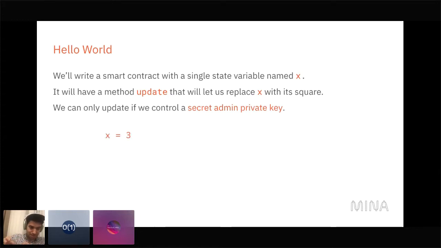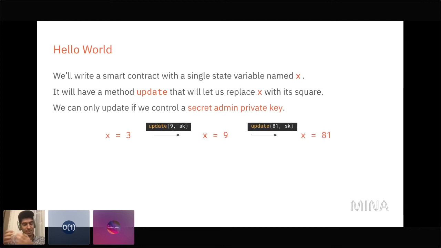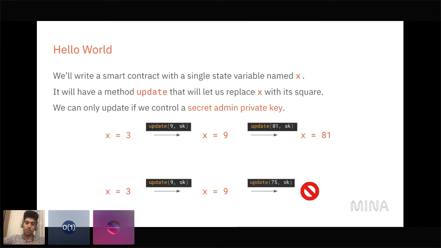So cool, let's walk through this. x starts at 3. We can call update with 9 and a secret key. And then we get a new state where x is 9. We can call update again with 81 because that's the square of 9. And now the new state is 81. If we do one update, we get to 9, and we try and pass something that's not 81, then this will fail.